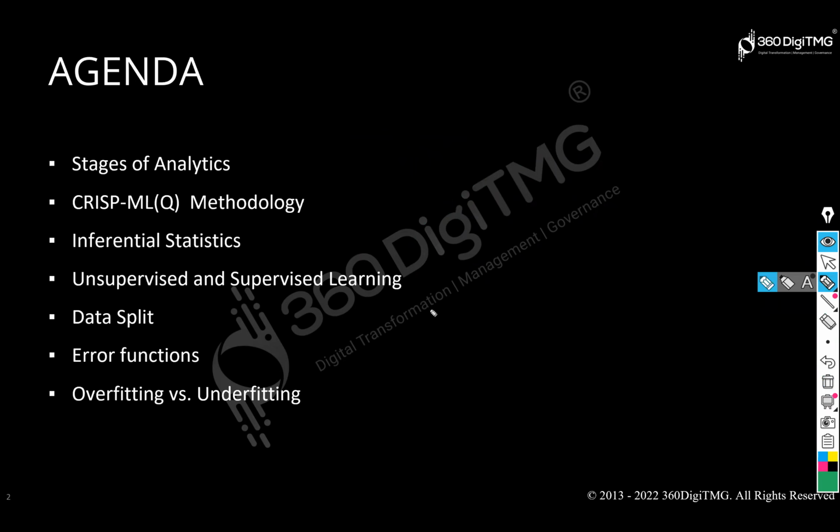As I stated here, CRISP-MLQ methodology stands for cross industrial standard process for machine learning with quality assurance.